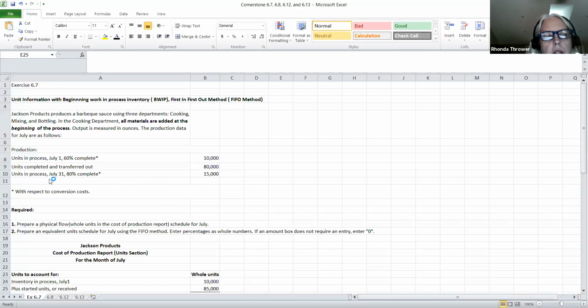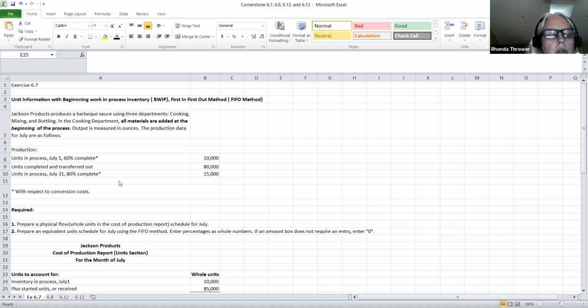They also give you the units in process at the end of the accounting period, and they say they're 80% complete. And it's important for you to realize that they're 80% complete with respect to conversion cost. Now, if you don't remember what conversion costs were, we kind of went over that in an earlier chapter. Your conversion costs are your direct labor and your factory overhead combined.